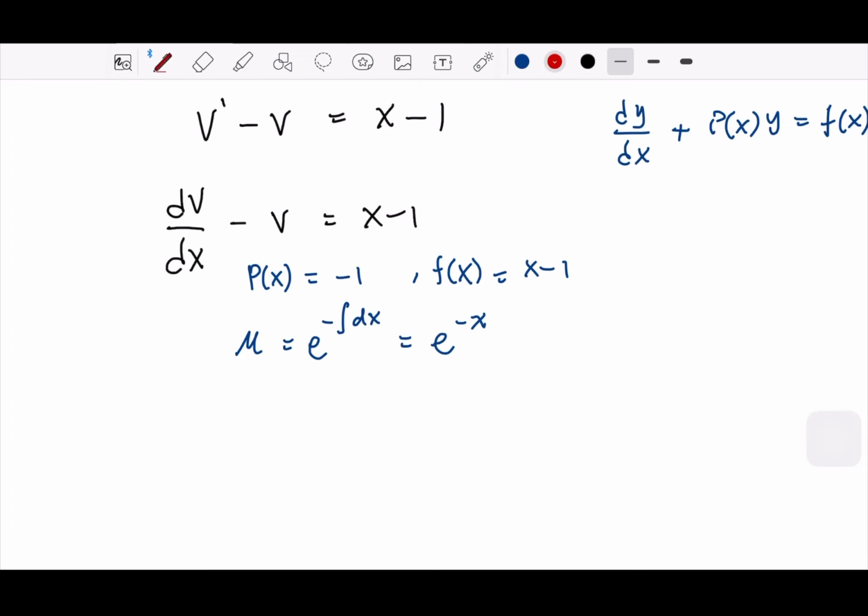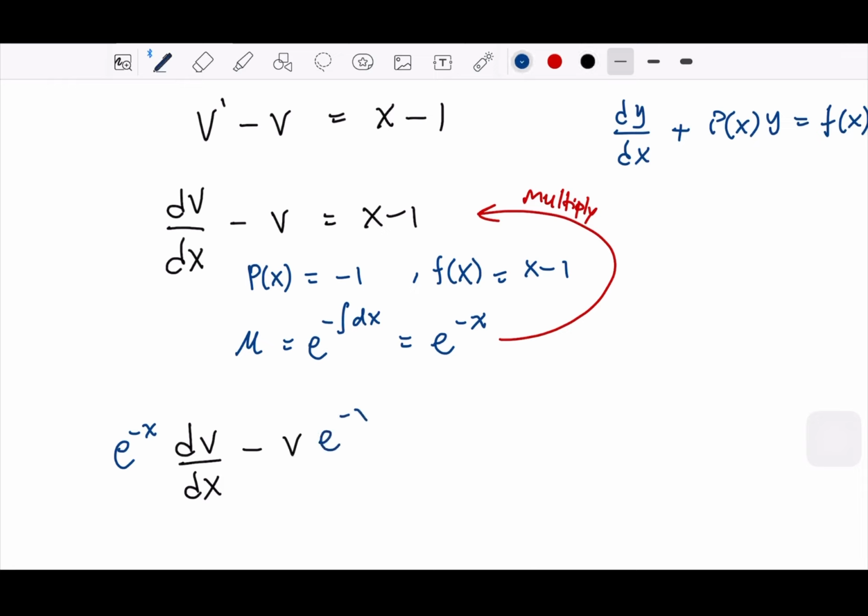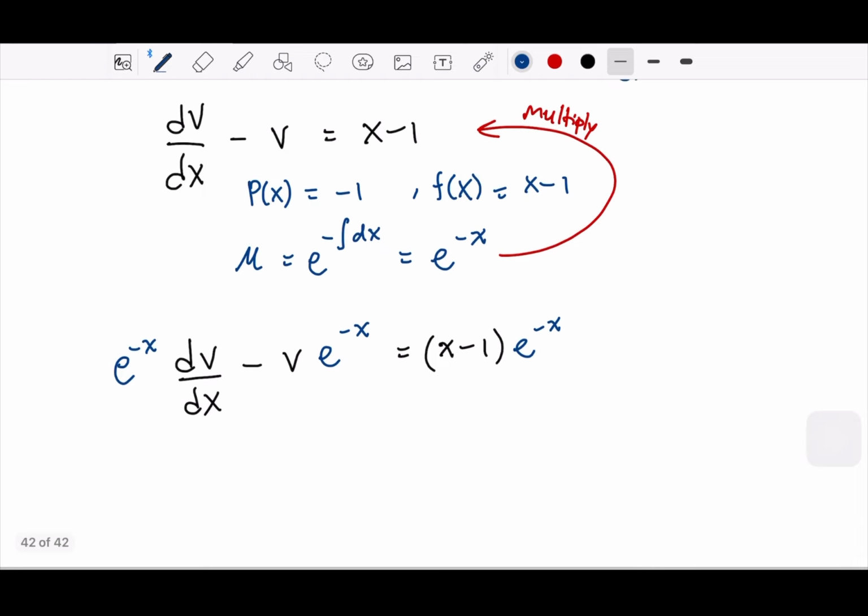So multiply e to the power -x. And then we can write the product form.